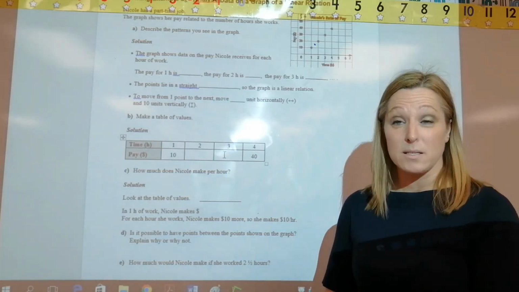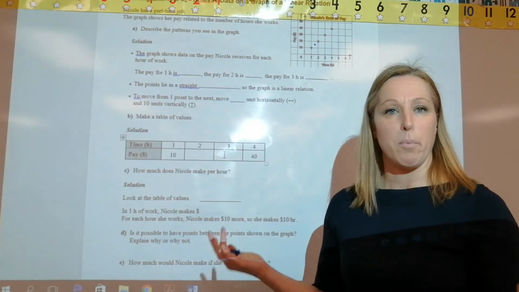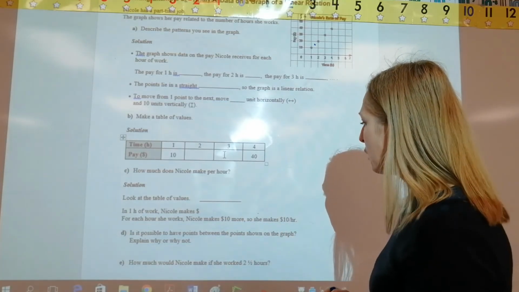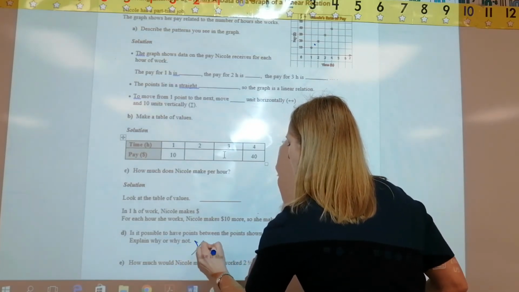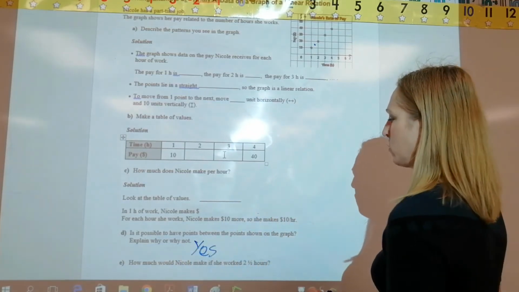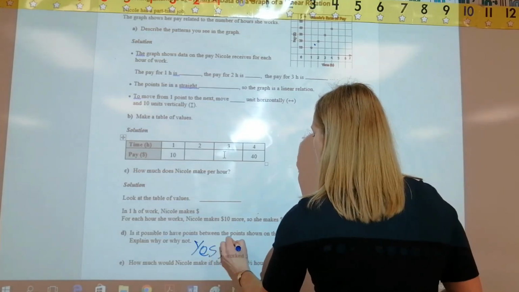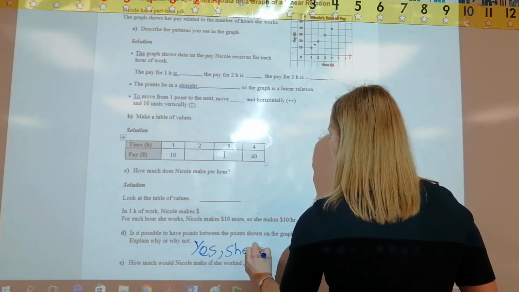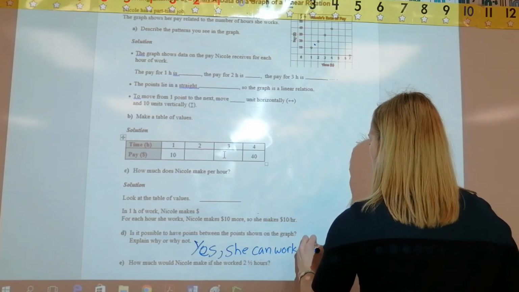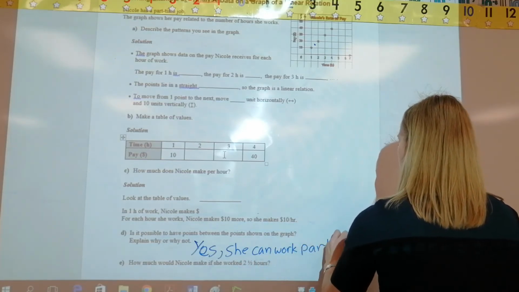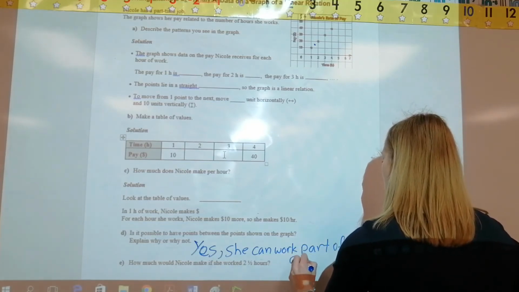Is it possible that Nicole could work part of an hour? Absolutely. So yes, we can have points between the ones shown on the graph. Yes, she can work part of an hour.